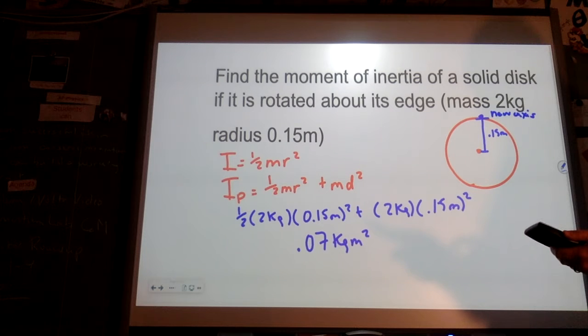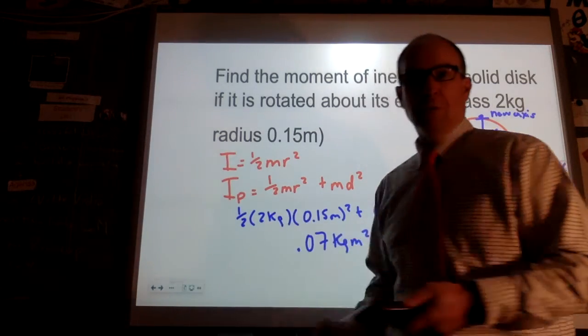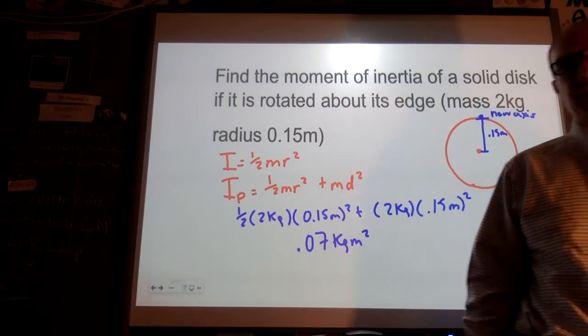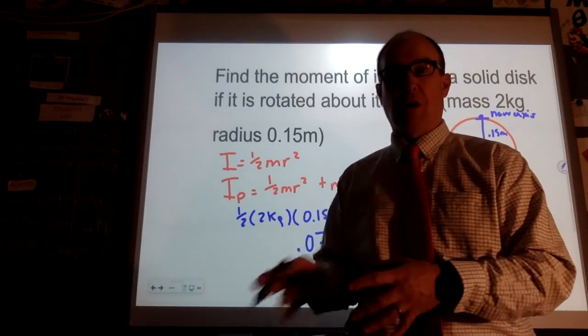What was it originally? I'm just curious. It was 0.022 was what it was. And it makes sense that it's going to be harder for you to rotate it because you put the axis where you're going to have more of the mass farther away, right?